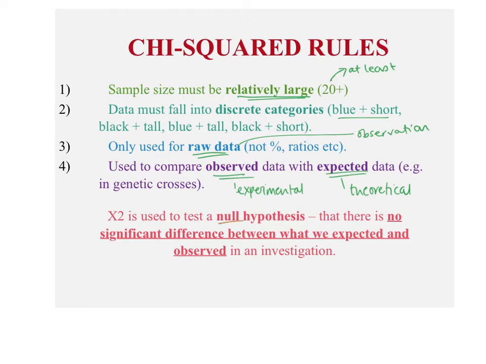So a null hypothesis is where you say that there is no significant difference between the observed and expected ratios of something due to something other than chance.